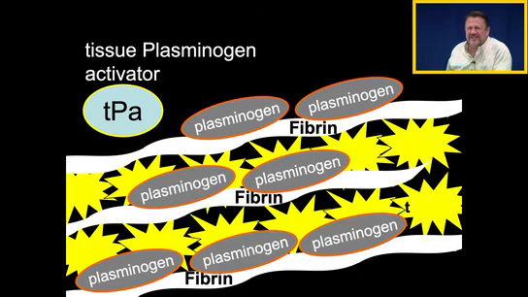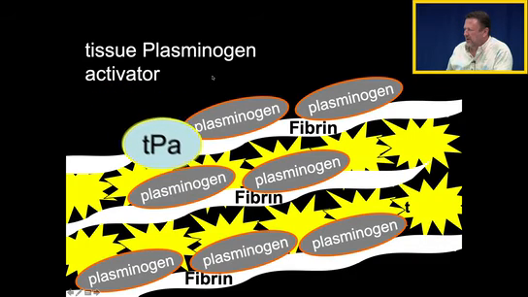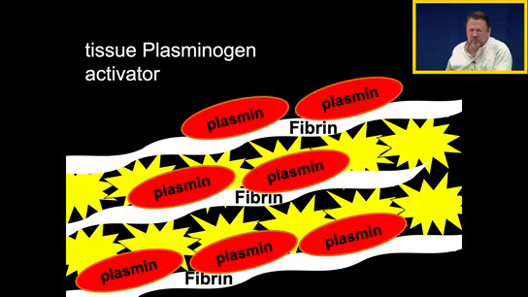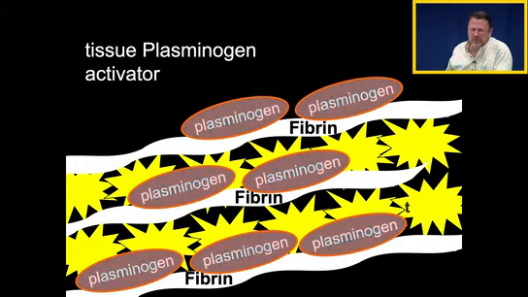TPA, tissue plasminogen activator. Now notice, these are my plasminogens. They're stuck to the fibrins. This is a naturally occurring thing that goes on. And TPA activates them. When TPA activates them, "ogen" just means in the beginning, and it converts them into plasmin. That makes sense. Before they were plasmins, they were plasminogens, which is the same thing as calling them proplasmins or preplasmins.